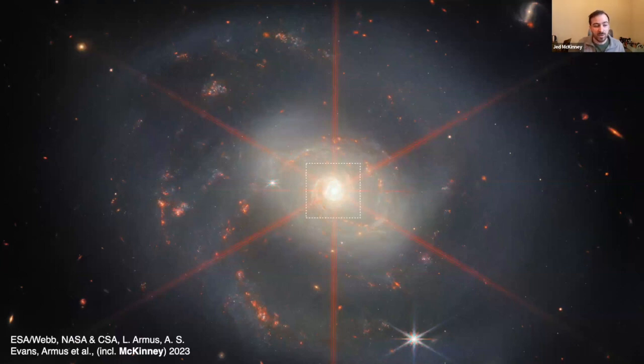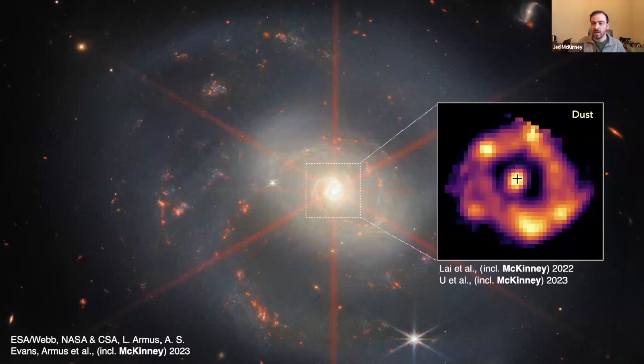And if you zoom in to the nucleus, you see a star-forming ring, again, obscured by dust. And then in the center, a growing supermassive black hole deeply embedded in a natal dust cloud. And so dust is important on all scales in galaxies, down to the nucleus, obscuring the growth of supermassive black holes, but also out into the disks where a lot of star formation happens.